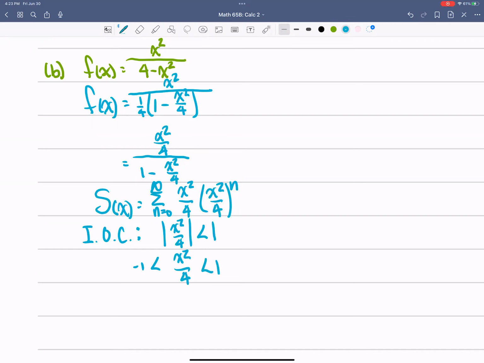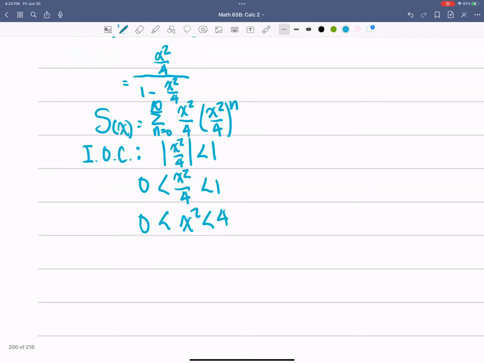It doesn't look like this is going to work in the negative spectrum, so it has to be all of the positive values. So instead of negative 1, we'll go from 0. So 0 less than or equal to x squared, less than 4. The values that make this true are going to be from negative 2 all the way up to 2.